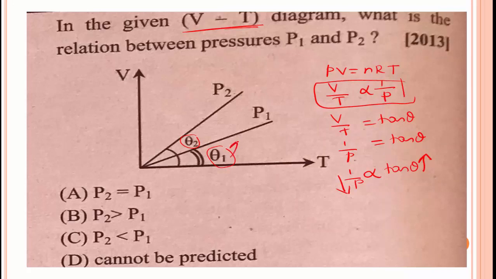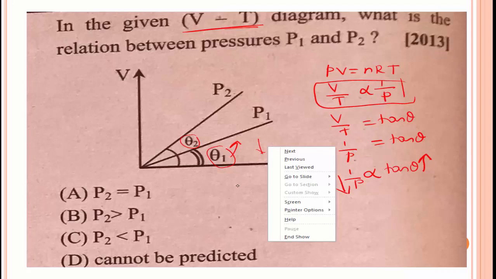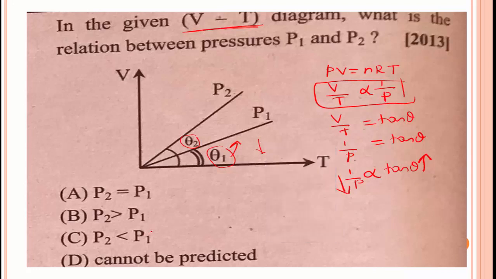If the theta value increases, the pressure value decreases. Therefore, P1 is greater than P2, or P2 is less than P1.